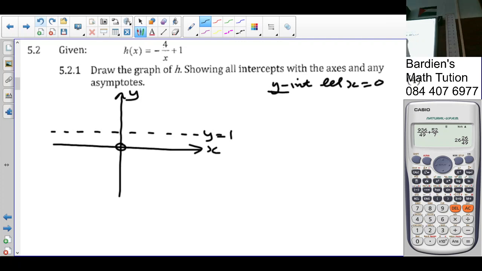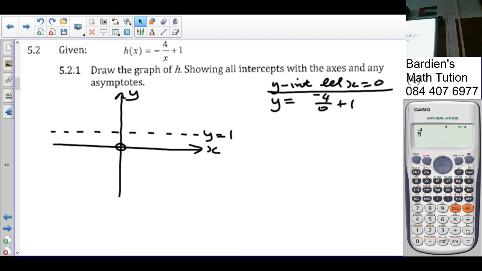So you say y equals negative 4 over 0 plus 1. Put that in the calculator. You get a math error. Which means to say, there is no y-intercept.